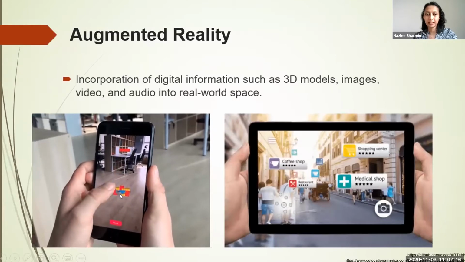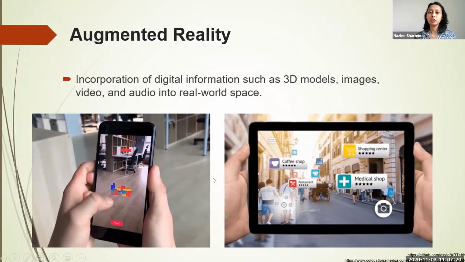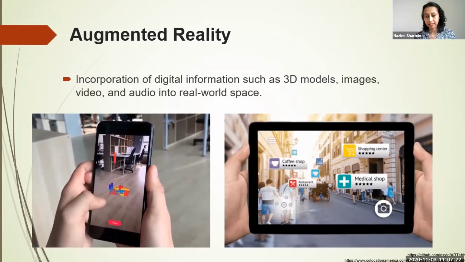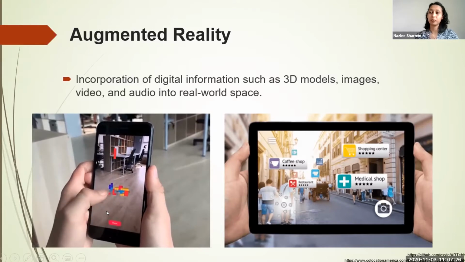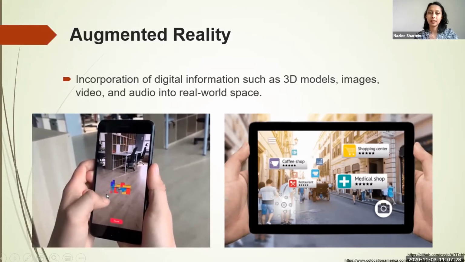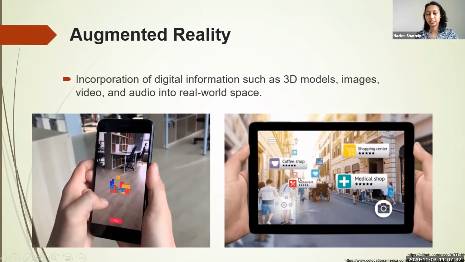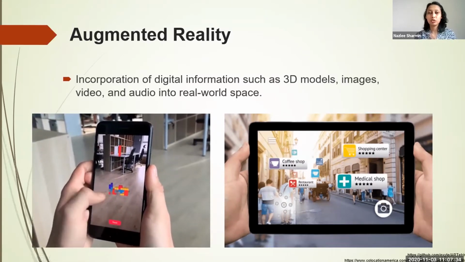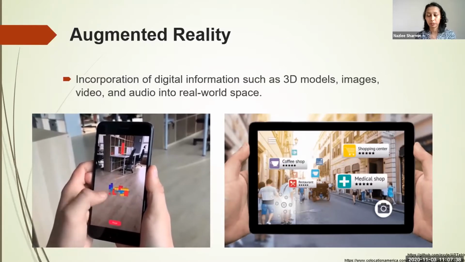So here you can see an augmented reality game, and here is an app. So when you look through the AR camera in an app, you can see your real world, but the app will also incorporate some digital component, either a game or some additional location information. So you can have an enhanced, or augmented, experience of your real world.